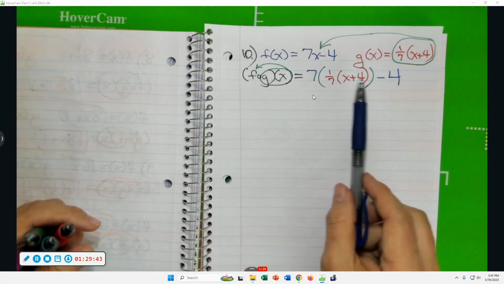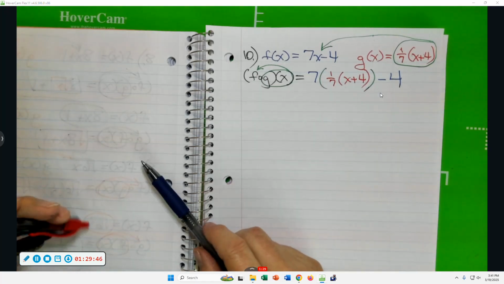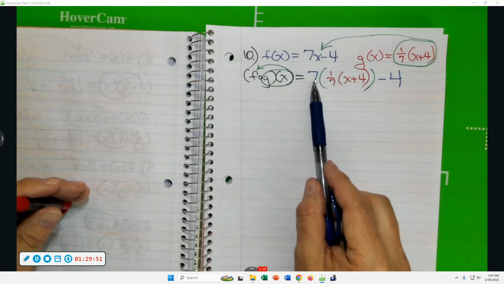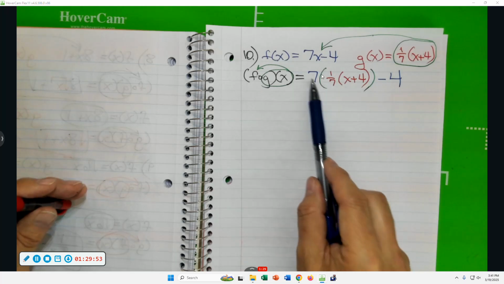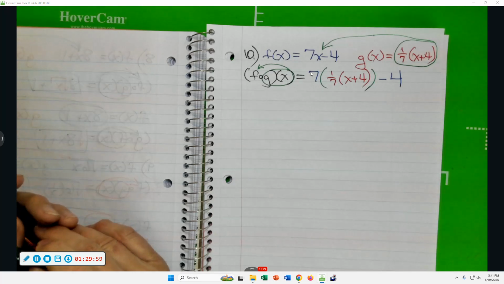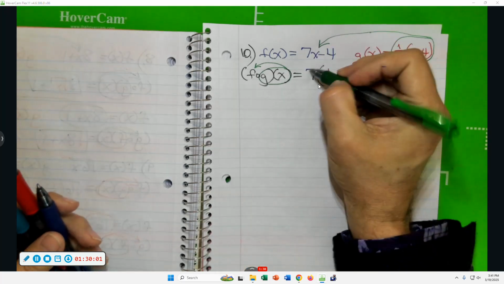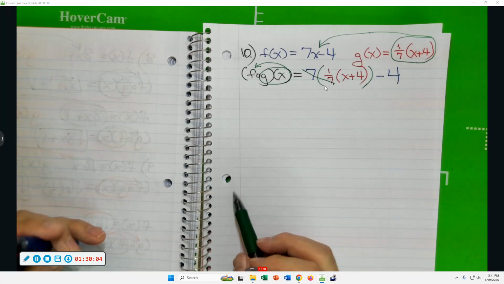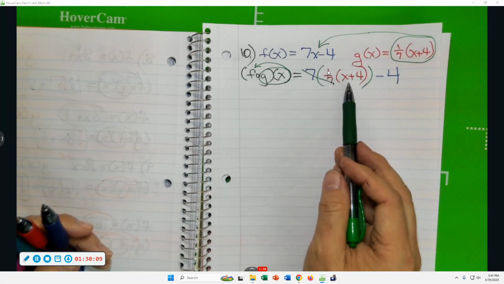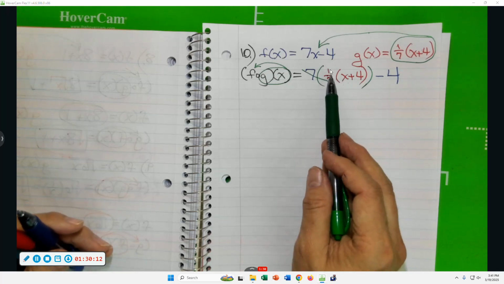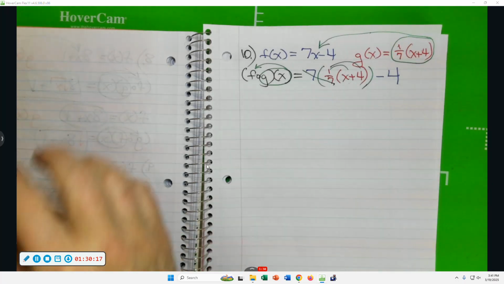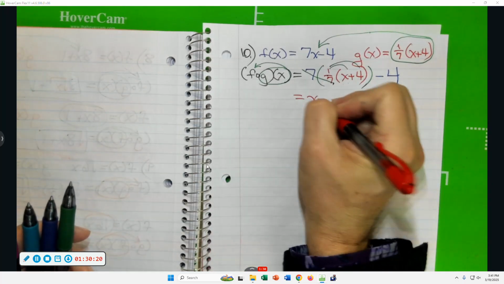Don't let this repeated multiplication upset you. You multiply from left to right. Look at what's about to happen. 7 times 1/7. What's just canceled out? The 7's just canceled. So all you have to distribute is what? What are you going to distribute over the x plus 4? The 1. 1 times x plus 4 is just x plus 4.